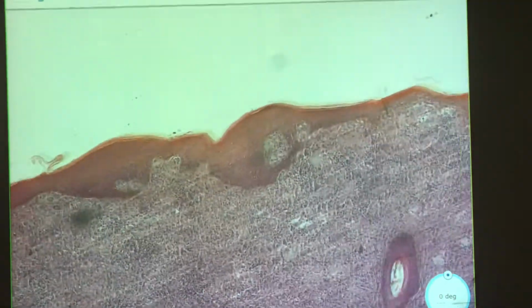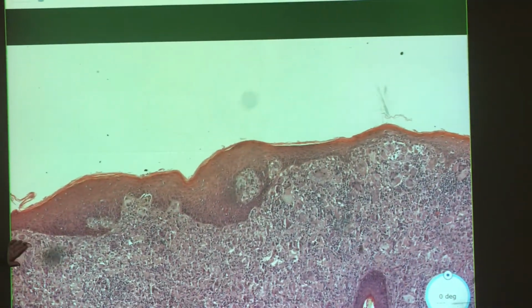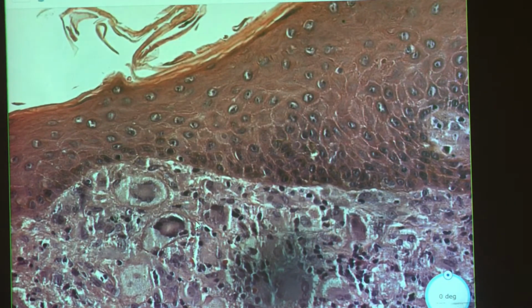There seems to be something off about the rete ridges. Okay, what do you see here? There are a few of them scattered, like these guys. What the heck is that? It's a large cell. Is that retraction artifact, or is that actually part of the cell cytoplasm? Good question.